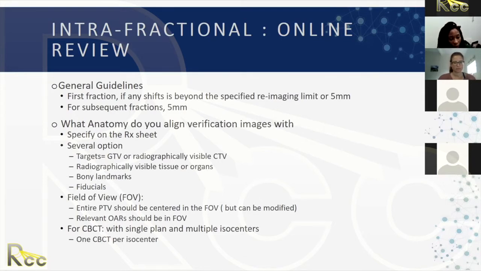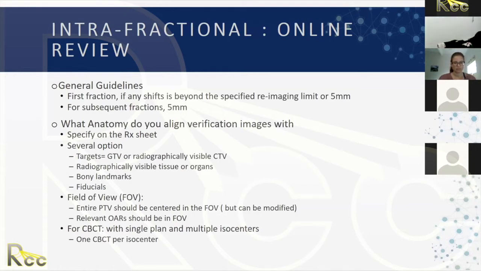In that case, you want to make sure that at least your high dose regions are in the treatment field of view, and your most important organs at risk are also in that field of view, so that you ensure the high dose region is getting the dose that you want it to get, and you're not under treating the high dose region or over treating an organ at risk that may be close by.